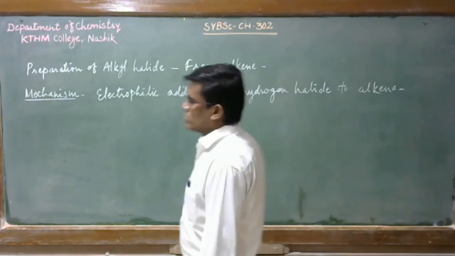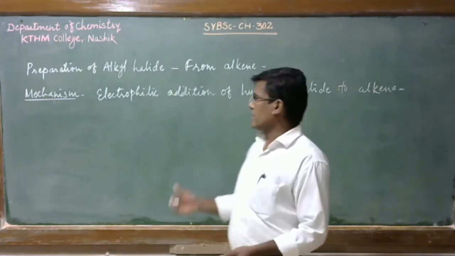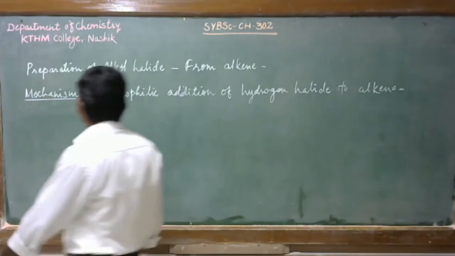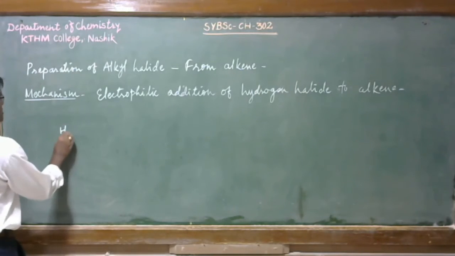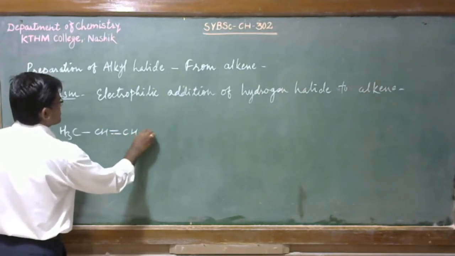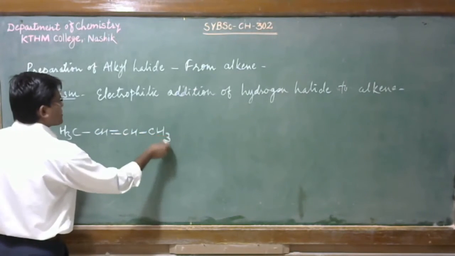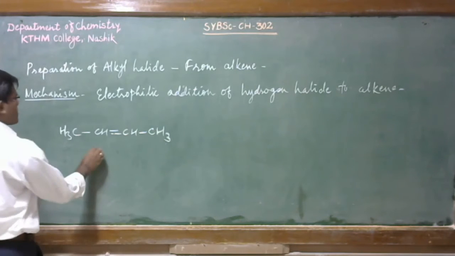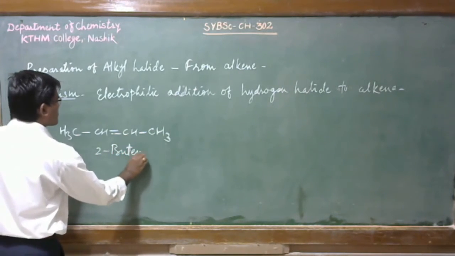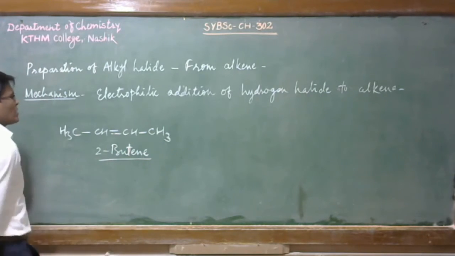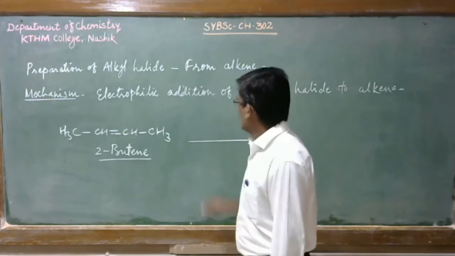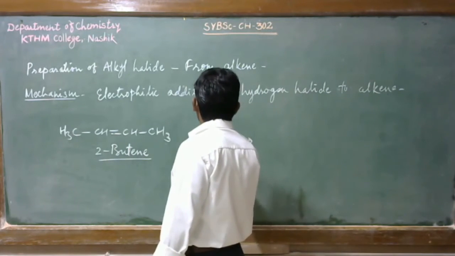Here we will take the example of 2-butene, a symmetric alkene, and suppose we have HCl.